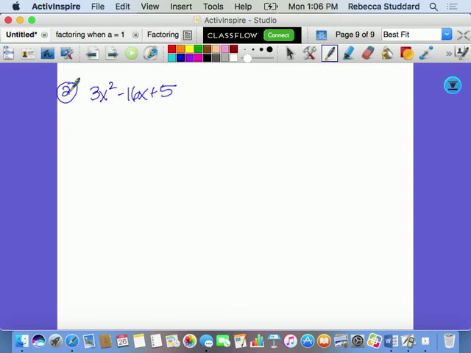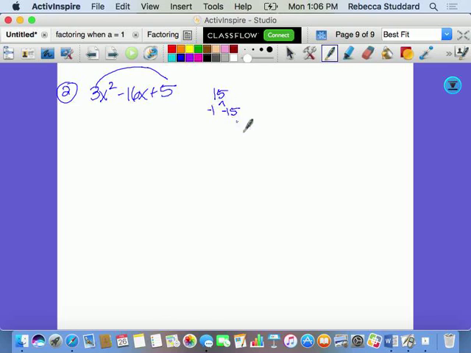So the first step, I'm going to multiply 3 times 5 and get a positive 15. I want factors of that that add to what? Negative 16. So when I do my first factor pair, 1 and 15, I see that I can get 16.